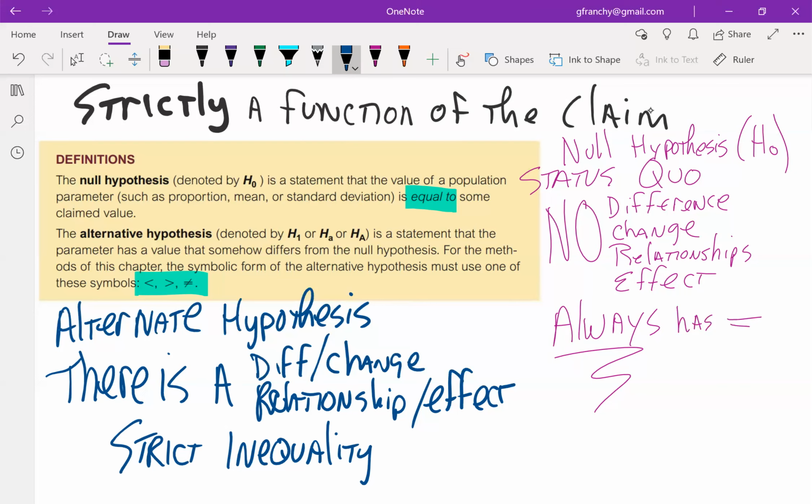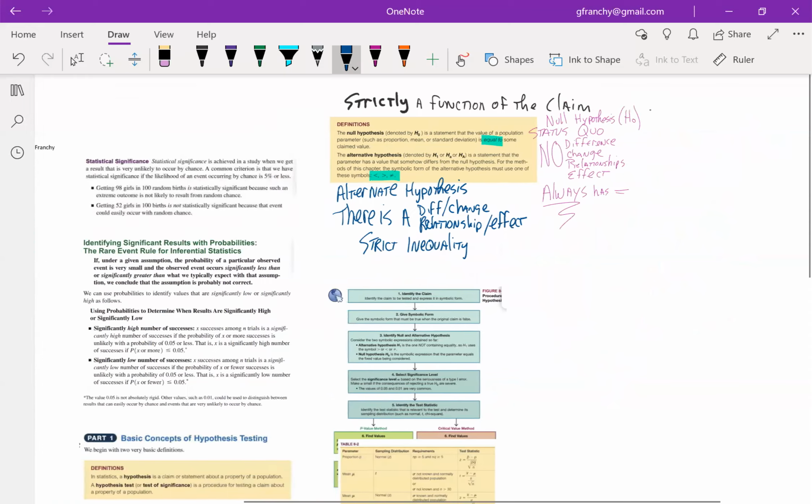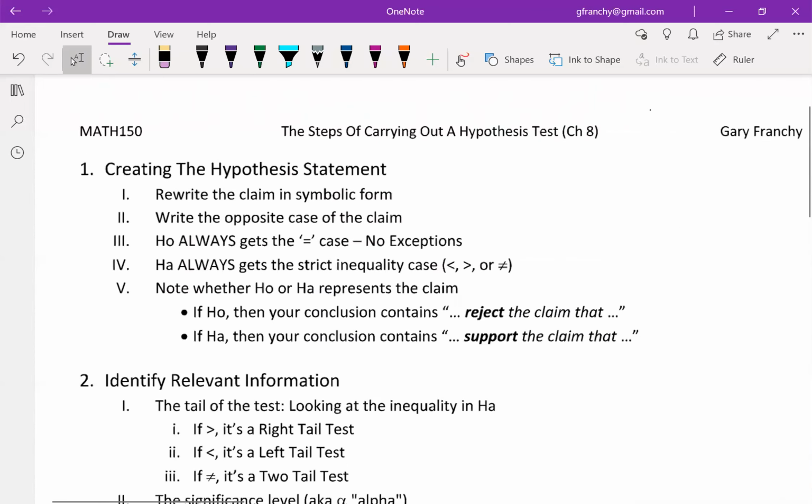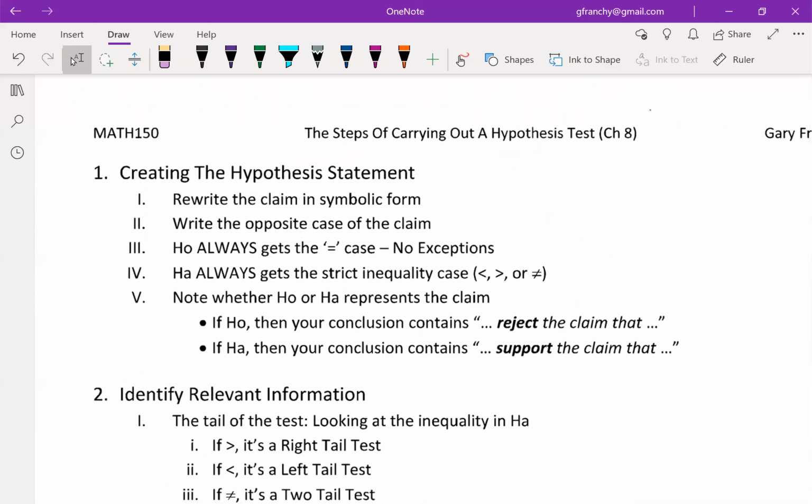Now, when it comes to actually carrying out this process, let me slide back over here. The steps that we're going to use here is we're going to rewrite the claim in symbolic form, and we're also going to write the opposite case of the claim. It works out easier that way when we're going through it. The null hypothesis always gets the equal case, no exception.